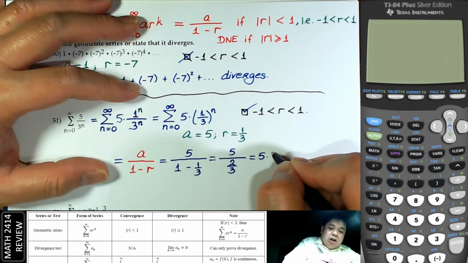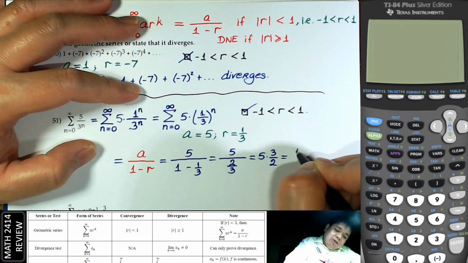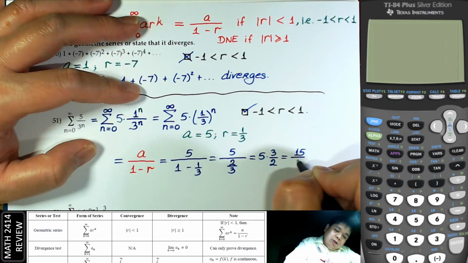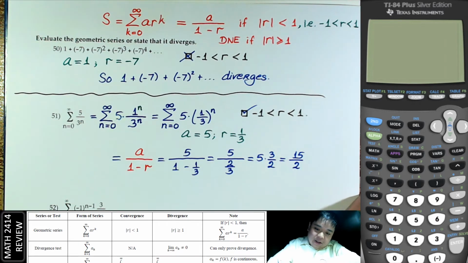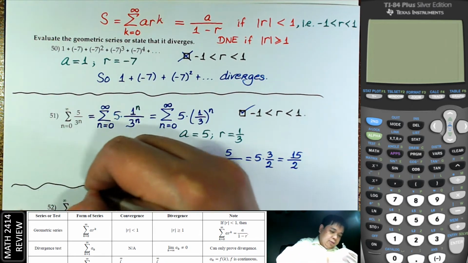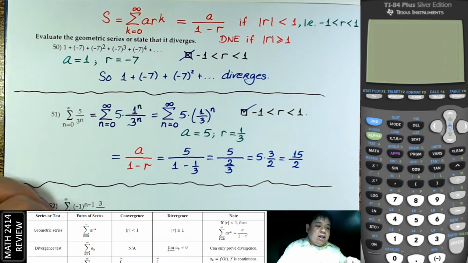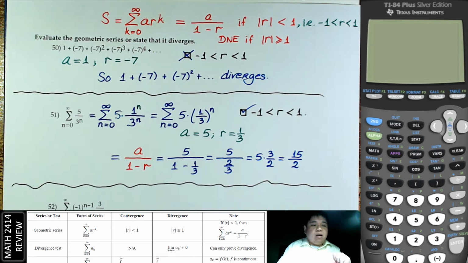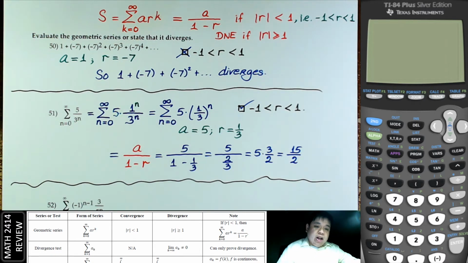Instead of 2/3, it will be 3/2. And so that gives us 15 over 2. Right? So once again, as long as it is in the right form, we can use that formula, of course with r between -1 and 1.